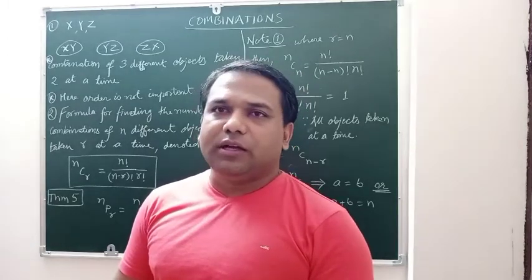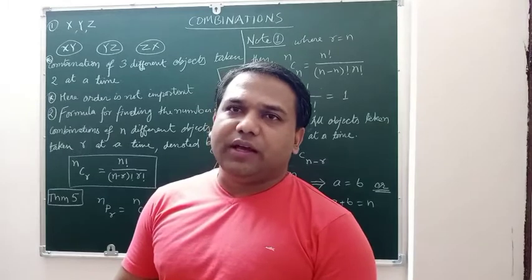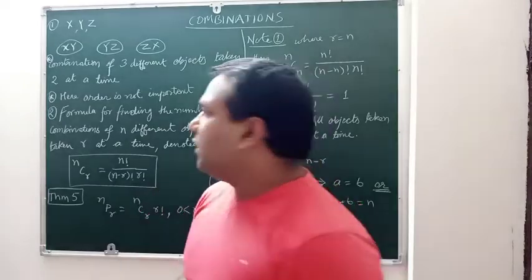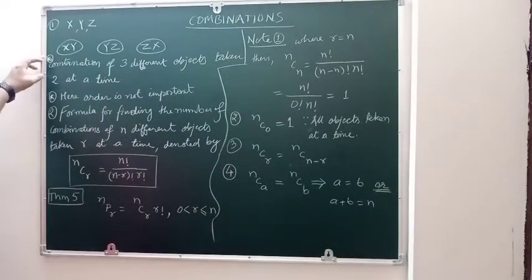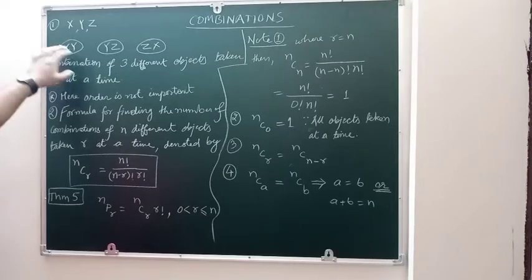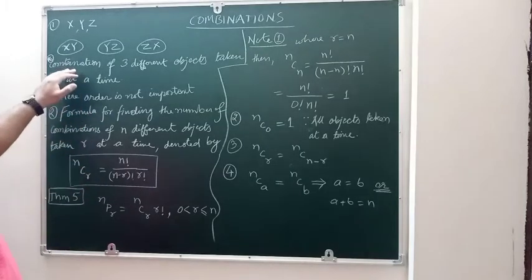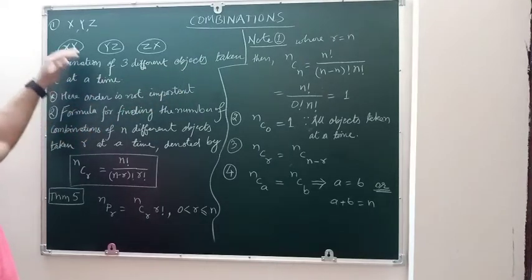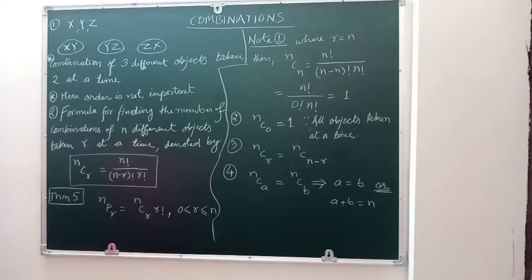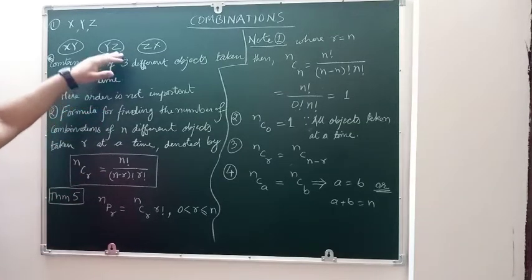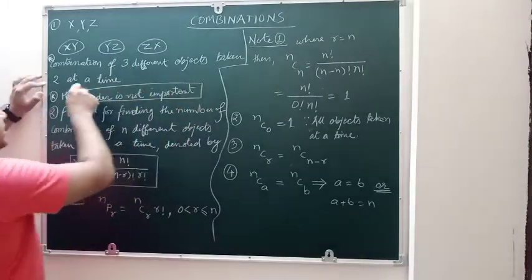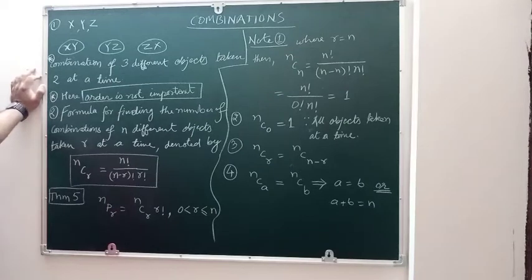If we consider a team that consists of x and y, or y and x, both are the same thing, not different. Therefore, the combination of three different objects taken two at a time gives three combinations. We cannot make more combinations than this. So here order is not important, whereas in permutation order is very important.